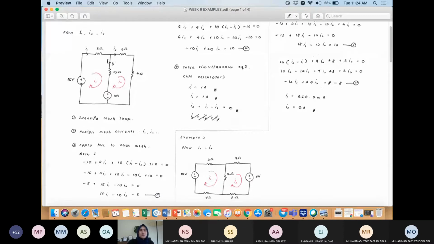From KCL, you know that I1 equals I2 plus I3, so I3 is I1 minus I2. Since I1 minus I2 is 1 minus 1, you will get 0 ampere for current I3.